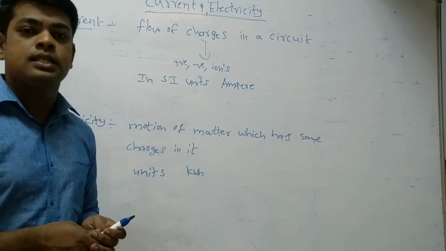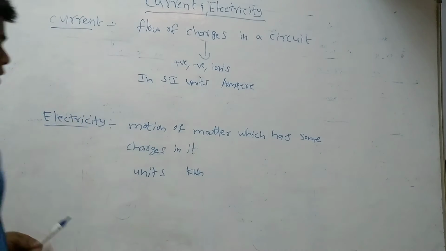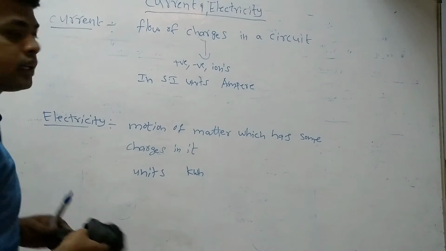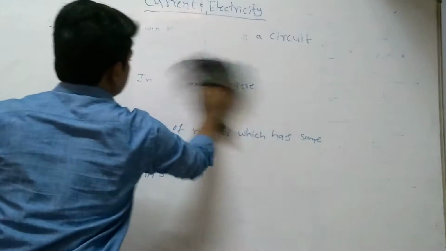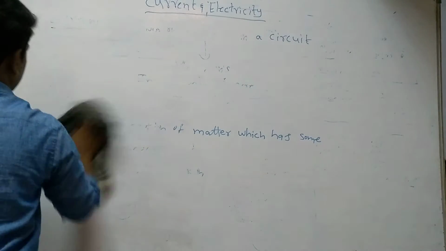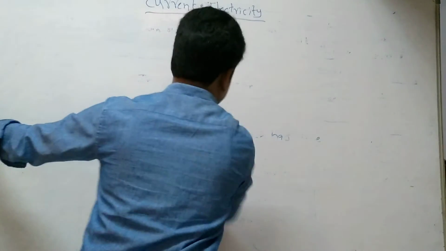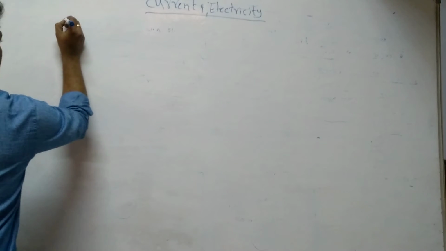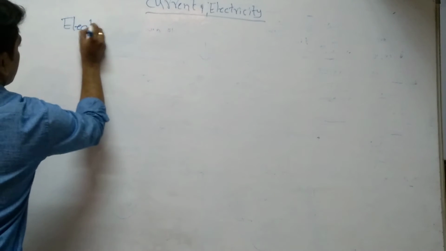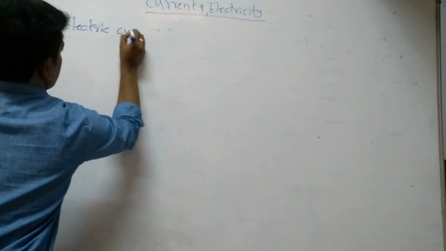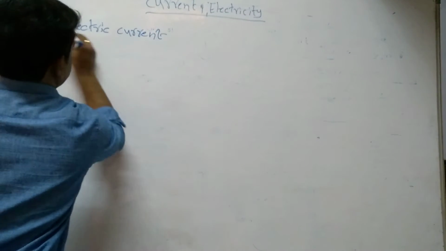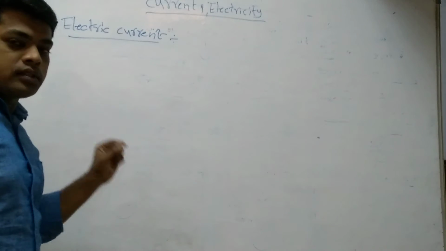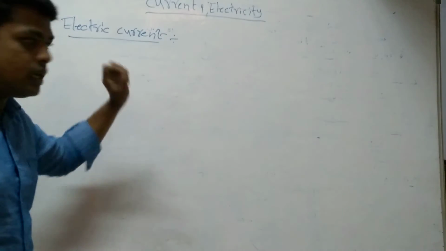So first, what is the electric current? What is the value of electric current? Now here we are deriving an equation for the current. Let's take an area.